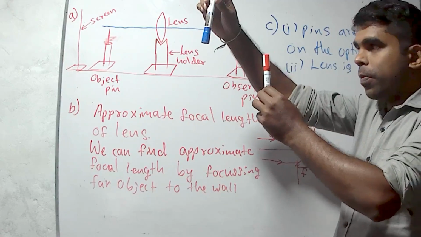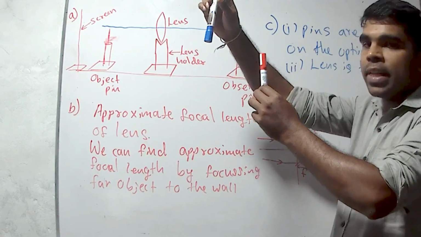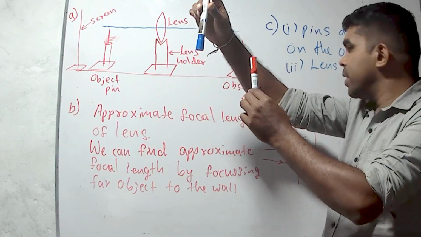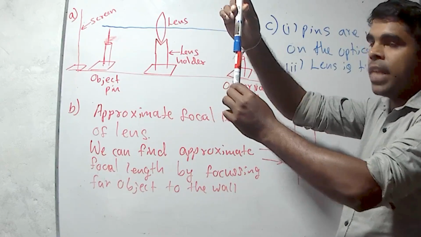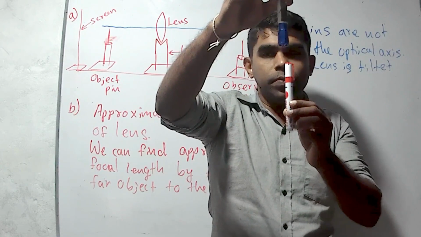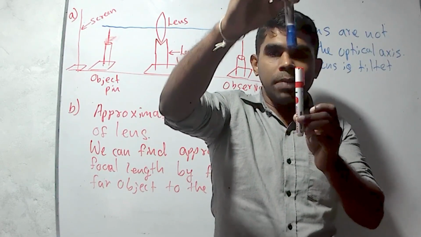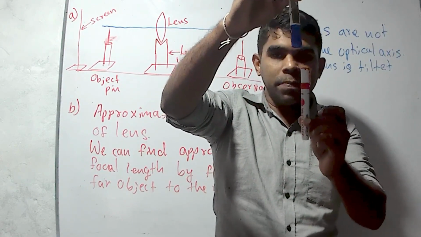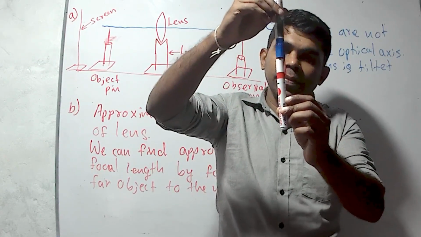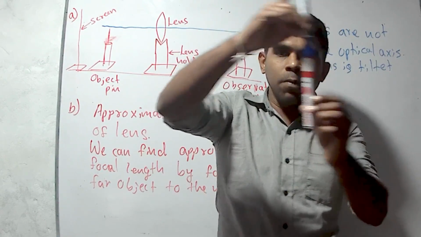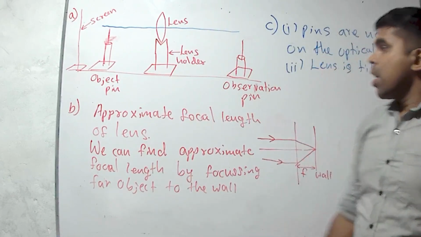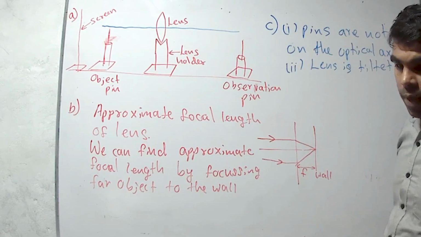We have to move the eyes in a perpendicular direction. It should be like this. Then we can see that before coinciding these two pins, the image pin and observation pin have a relative motion. But when coinciding, both are moving without relative motion.